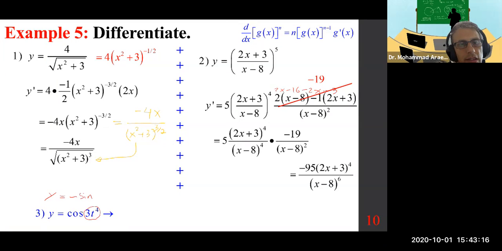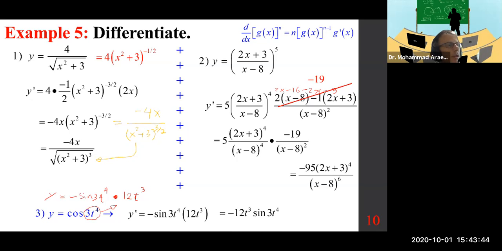So I need the same thing for my argument. The argument of cosine and the argument of sine are identical. Then I say, what about 3t to the power of 4? Well, what is its derivative? By the chain rule, I need that. And now I put that in front, and that's my final answer, class.